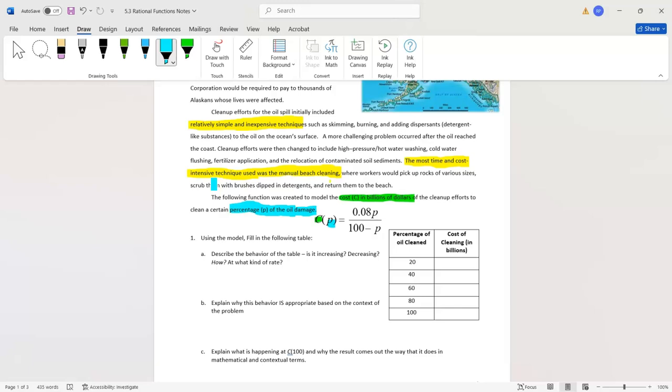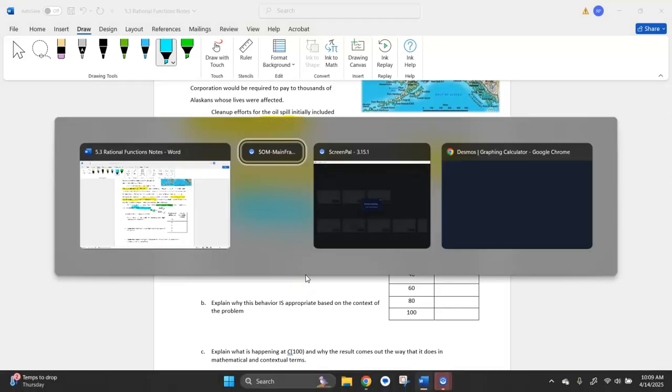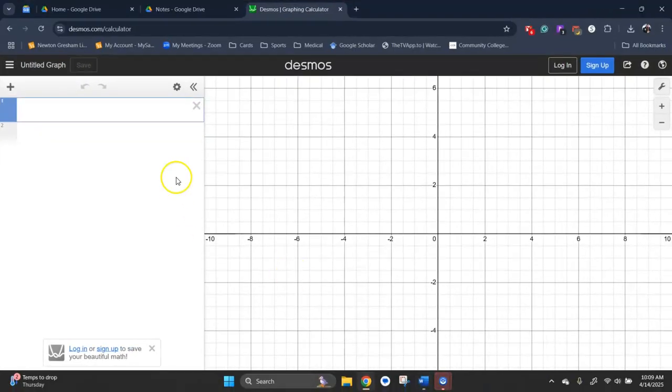We want to fill in the table, so we go to Desmos and answer these questions A, B, and C based on what we come up with in our table. For our table, c of x, with x being the input variable, equals... an easy way to do the fraction is to hit the divide key first.